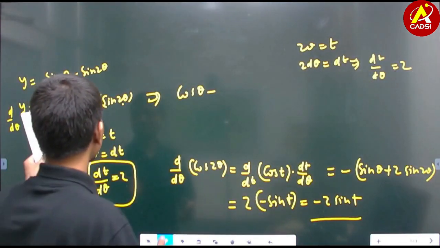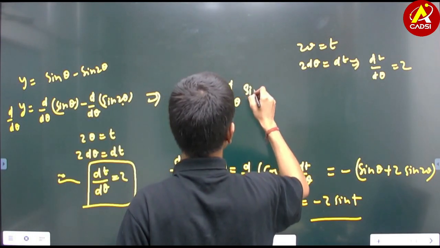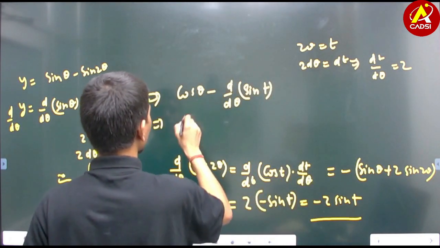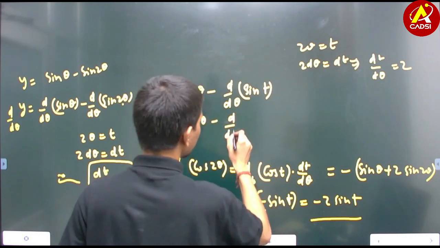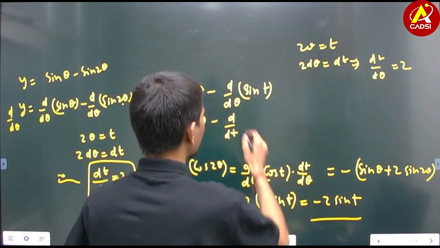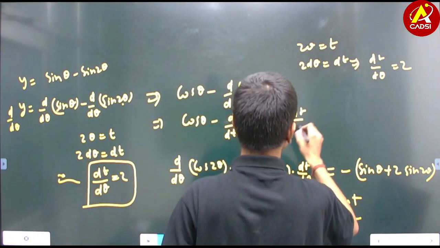So we can write cos theta minus d over dt sin t and dt over d theta.